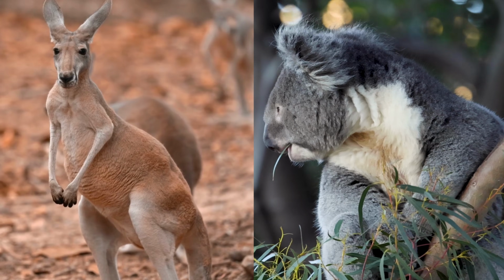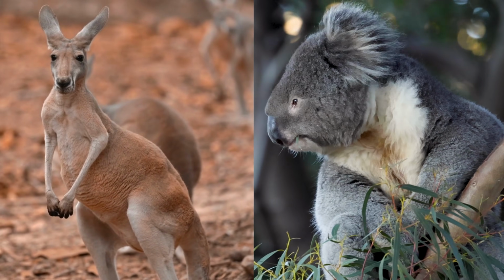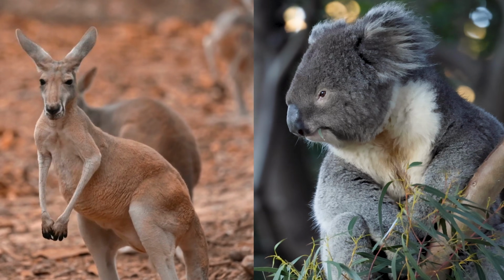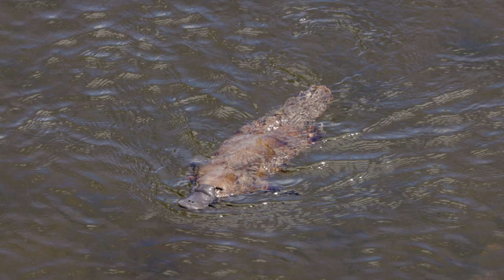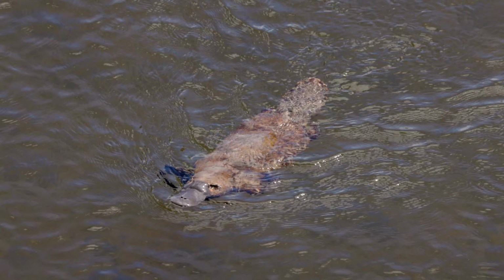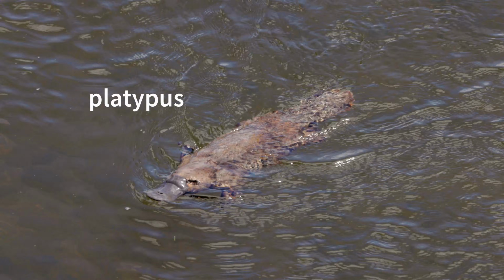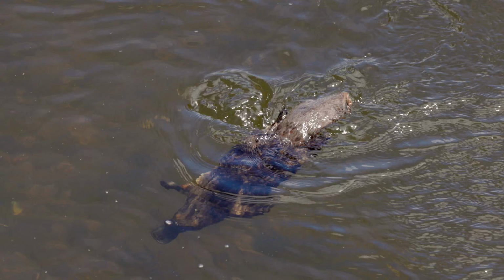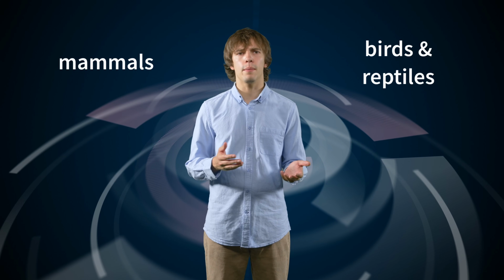To solve it, let's go to Australia. Australia is famous for its unique wildlife, which is often never found anywhere else on Earth. At the turn of the 19th century, when European scientists saw a platypus for the first time, they thought it was so weird, it had to be fake. Platypuses seemed impossible to classify. They feed milk to their young, like mammals, but they also lay eggs, like birds or reptiles.